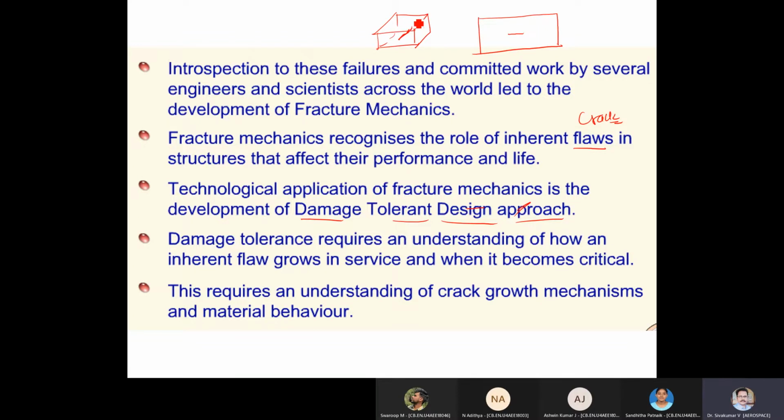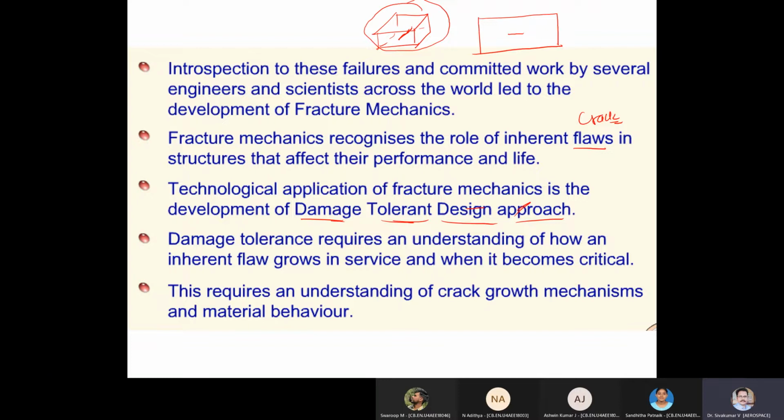Can I use this particular structure for my application? That study asks: the structure already has a crack, can I use it? That is called damage tolerant design. I am tolerating the damage.